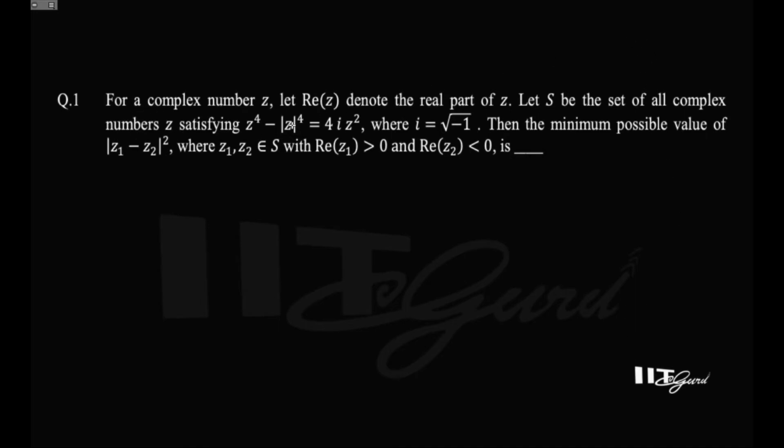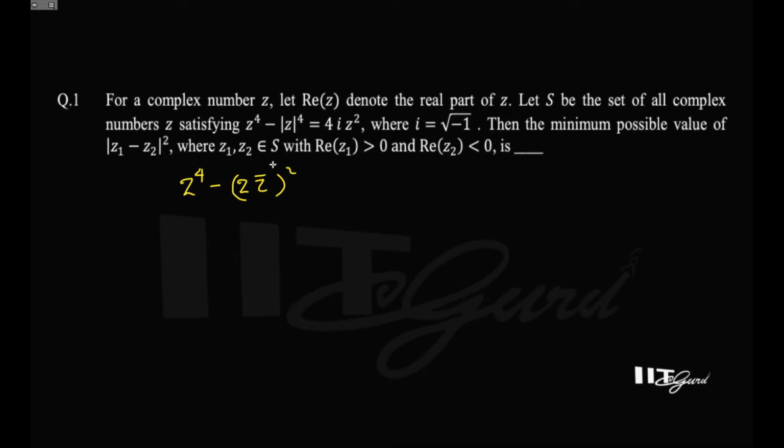For the second method, you see z1 is x1 plus iota y1. Just open this for the second method: z to the power 4 minus mod z to the power 4, iota z square. If you open here, then you can write it this way: z to the power 4 minus the same, that is (z bar z) whole square.